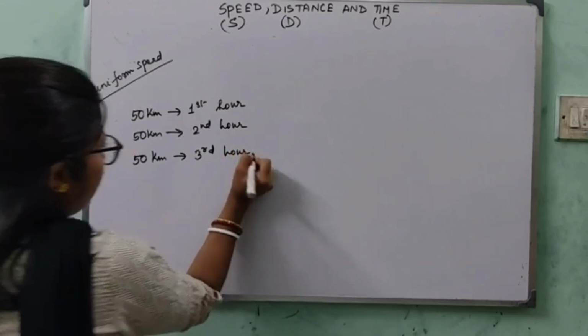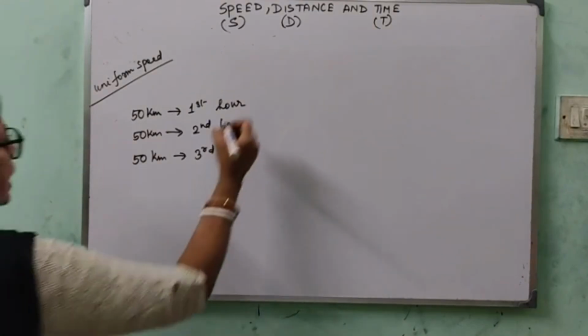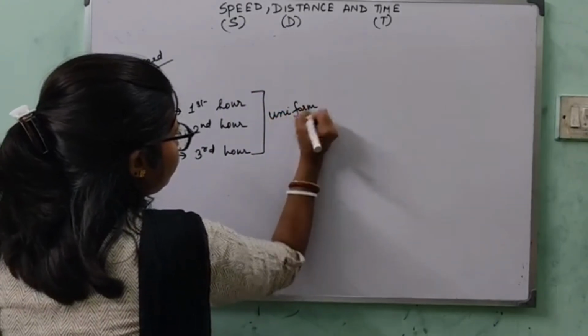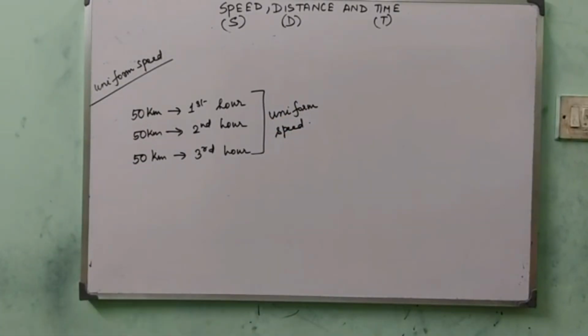So you can see that with an interval of 1 hour, the body is covering 50 kilometers. So that means it is covering equal distances at equal intervals of time. So in such a case, the body is said to have uniform speed.